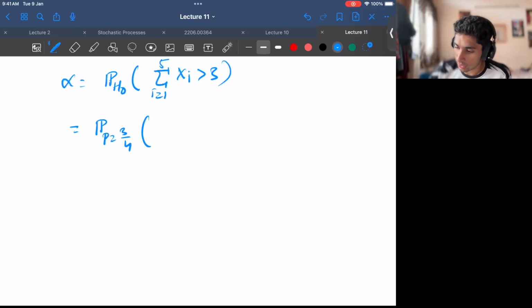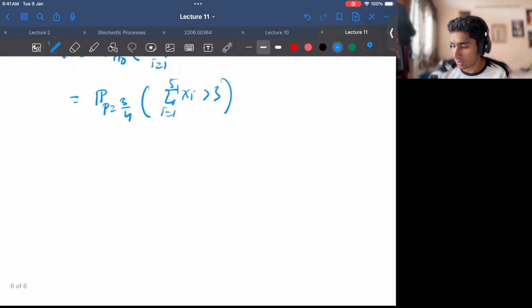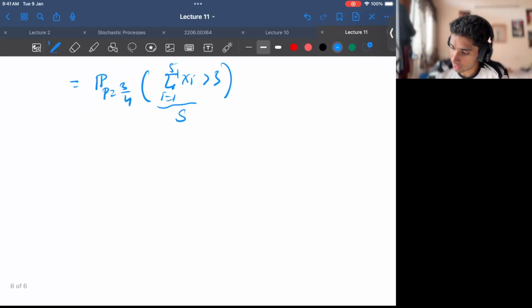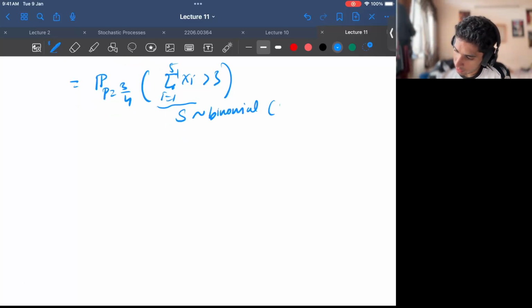And summation xi is equal to S. If S has to be greater than 3, then it has to be either 4 or 5, since this belongs to binomial 5 comma p.